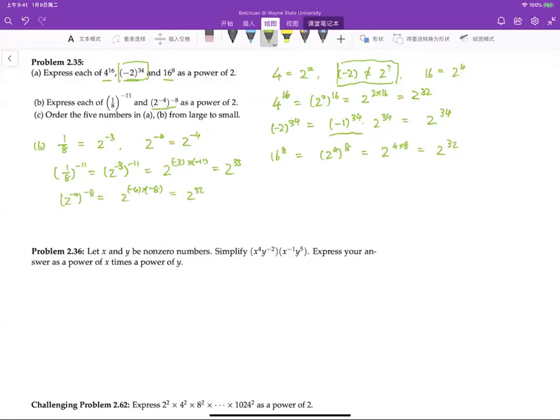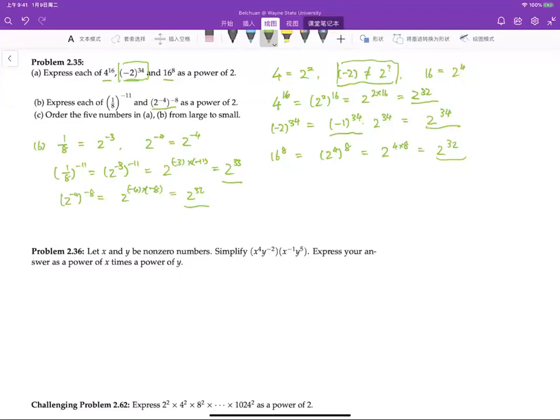All right, then question C: order the 5 numbers in A and B from large to small. Can anyone do it? In this case, we get 5 powers of 2. Can you arrange them from large to small? Because they have the same base, we only need to compare the exponents.